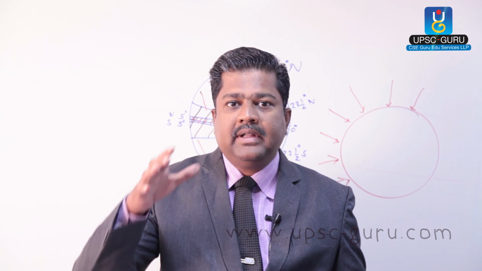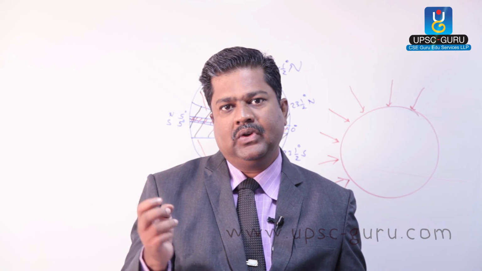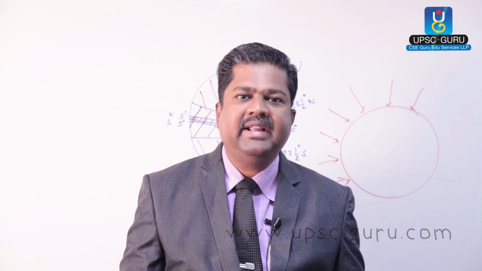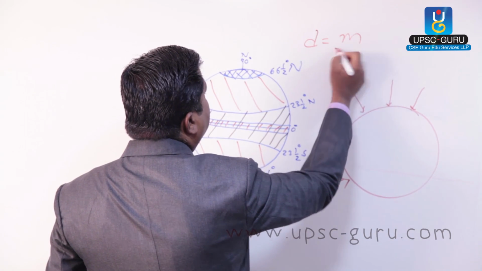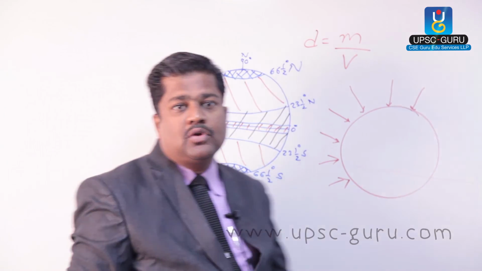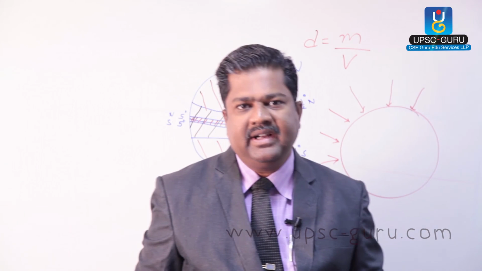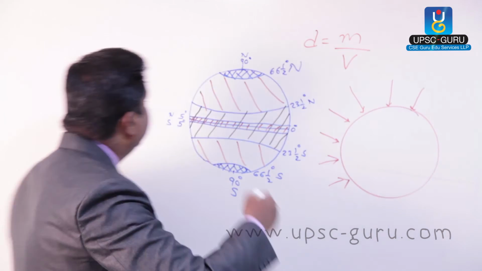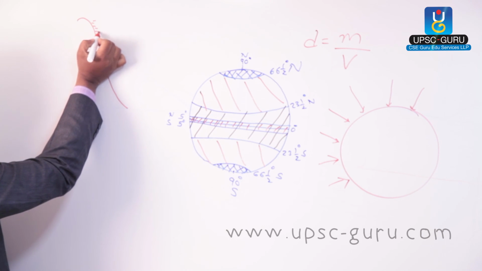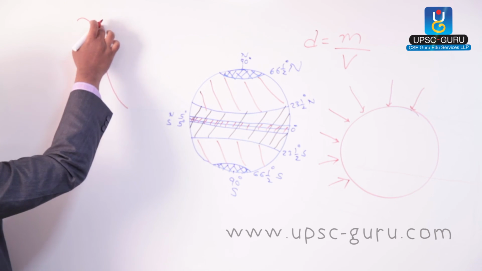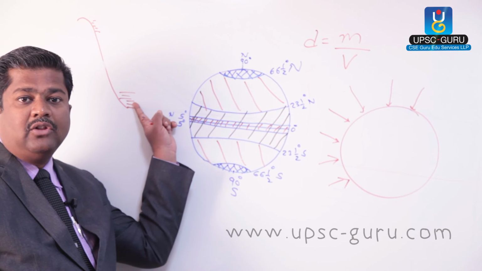But you are aware that when air becomes cold, it gets compressed. Its density increases. What is density? Density equals mass upon volume. So as it is compressed, volume decreases, density increases. As a result, if there is a mountain range like this, here air gets colder and density increases, whereas here the radiation is not to that extent.